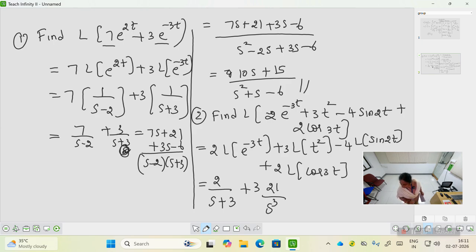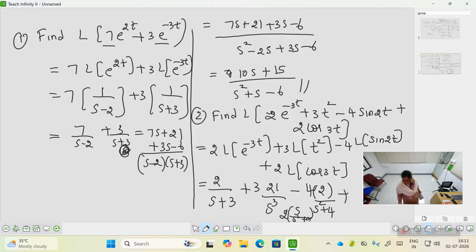So 3 into 2 factorial by s cubed. Right. Minus 4 into what is L of sine 2t? 2 divided by s square plus 4 plus 2 into s divided by s square plus 9.